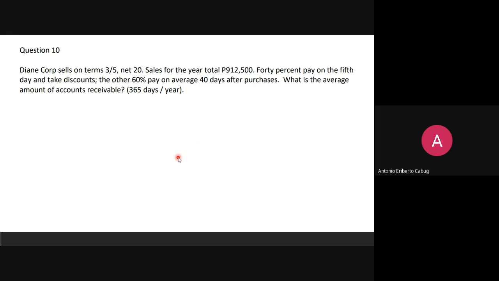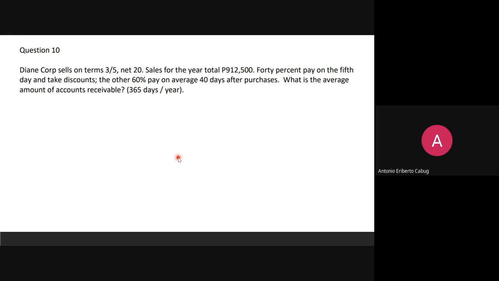Okay? So if you can remember in our FS analysis, your days sales outstanding or days in AR can be arrived at by dividing your accounts receivable by your daily credit sales. AR divided by daily credit sales. Ngayon, kung gusto nyo mahanapin ng AR, just manipulate the equation.